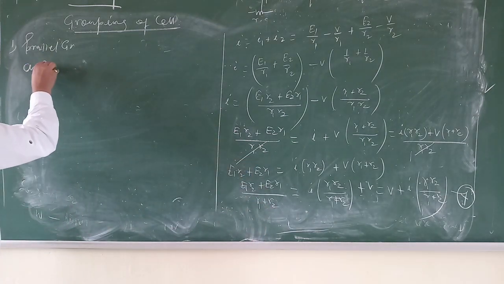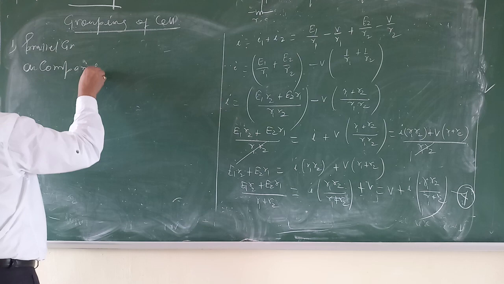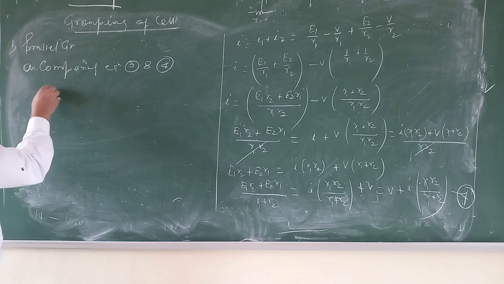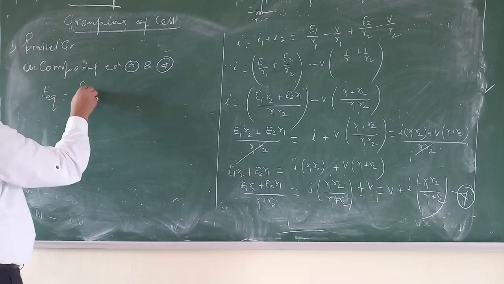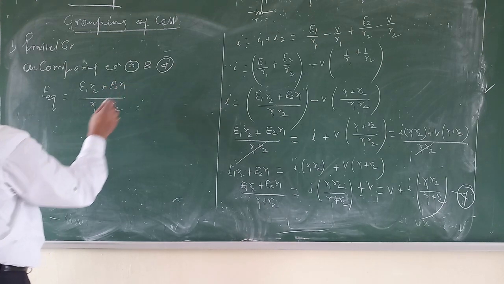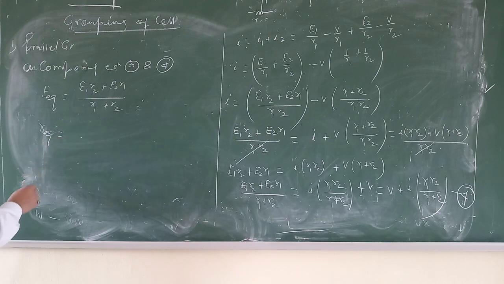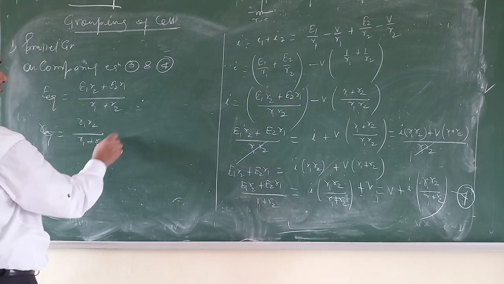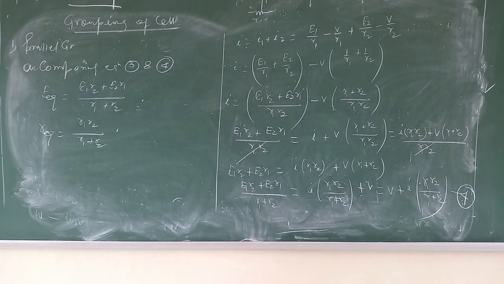On comparing equation 3 and 4, you are getting E equivalent equal to (E1 R2 + E2 R1)/(R1 + R2), and R equivalent equal to R1 R2/(R1 + R2). So in this way you will find the equivalent EMF and equivalent internal resistance of cell.